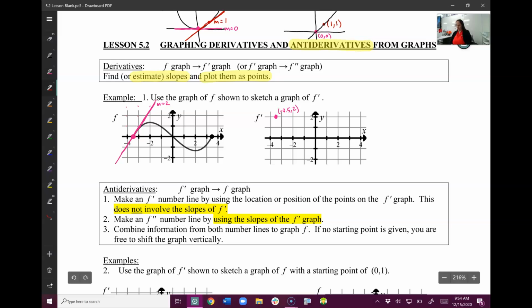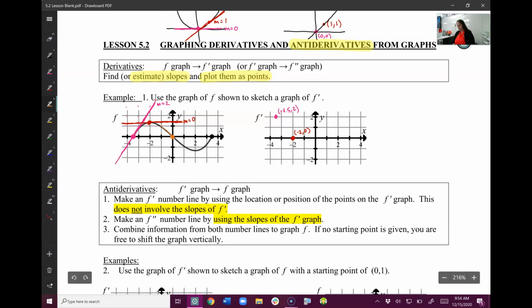Okay, let's try another one. Let's do right here. There we go. This is at negative 2. So at negative 2, it looks like my slope is 0. Okay, let's try another one. Let's do right here at 0.